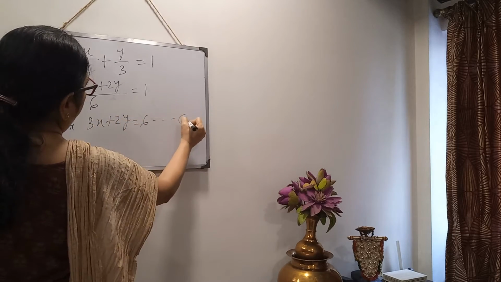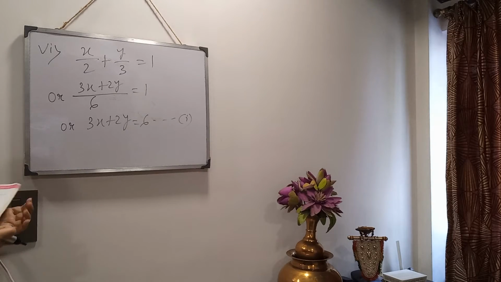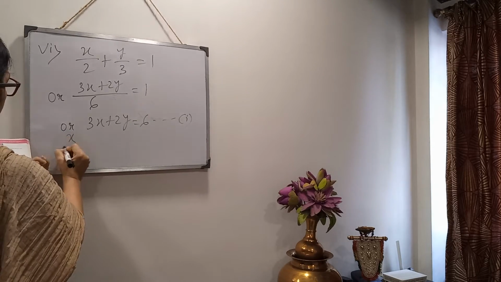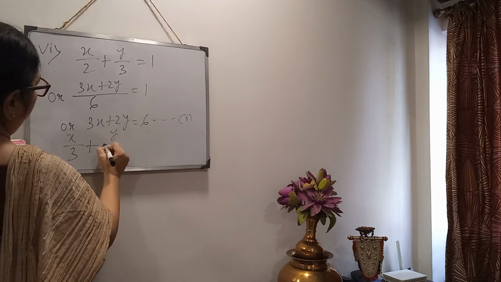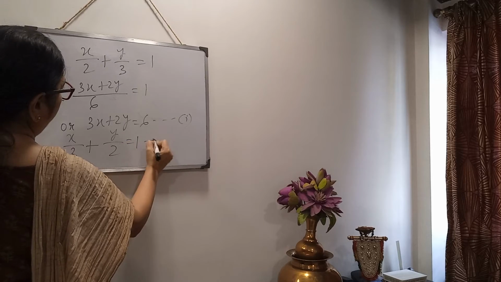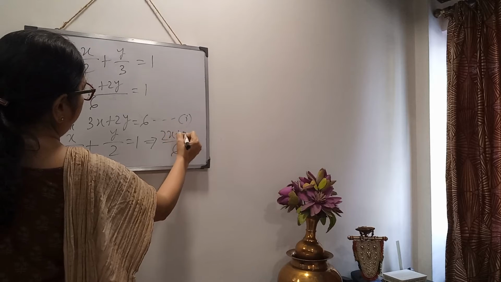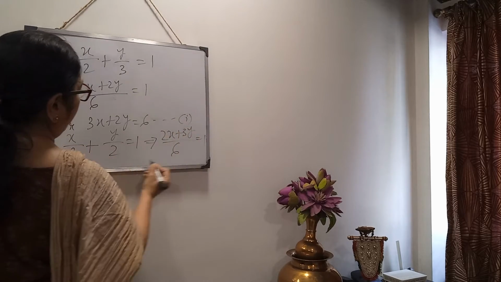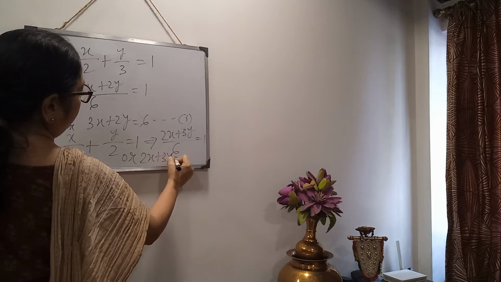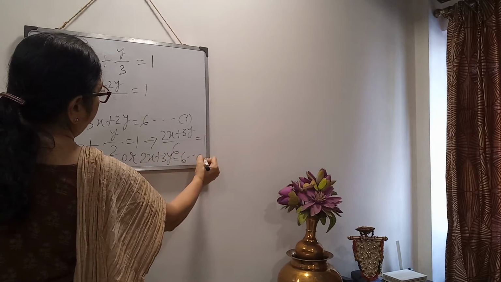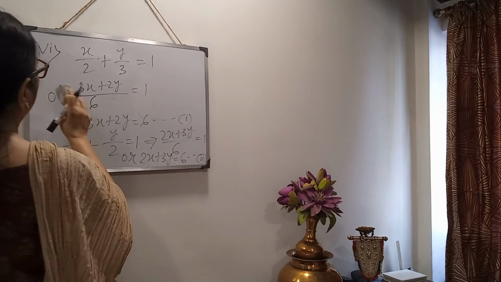I have got my equation number 1. This is a known form. Now another one is given in this form, x by 3 plus y by 2 equals 1. Same method, take the LCM. Then cross multiply. This is my equation number 2. So I have got 1 and I have got 2.